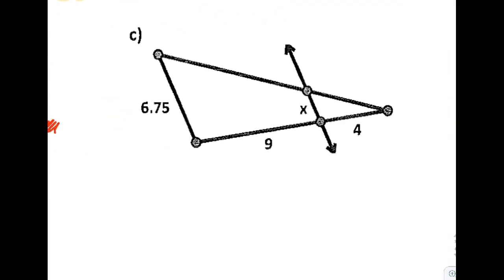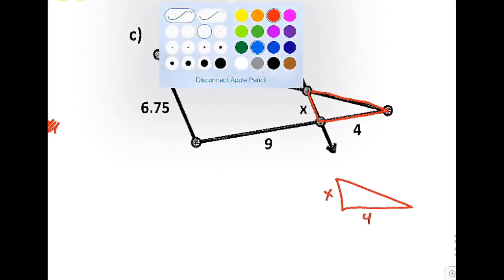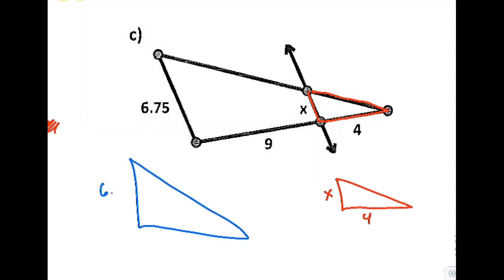Here we have a small and a big again. So here's a small triangle, x and 4. Then I have the big triangle. I'm redrawing it. And I have 13 on the bottom because the total bottom is 13. So now I can just set up the proportion. I went side, bottom, side, bottom.